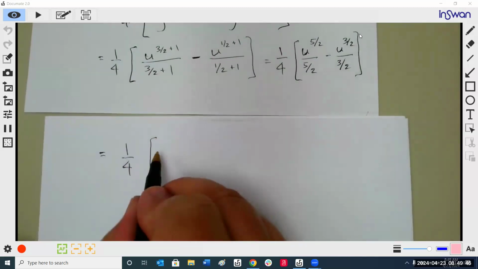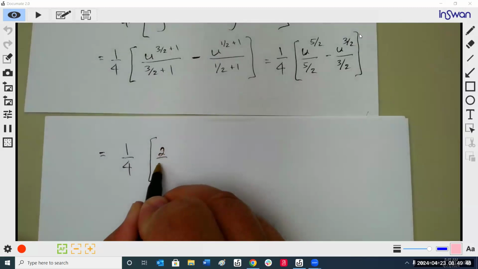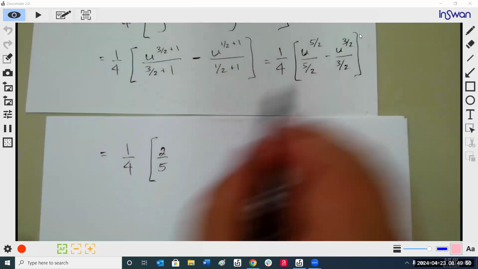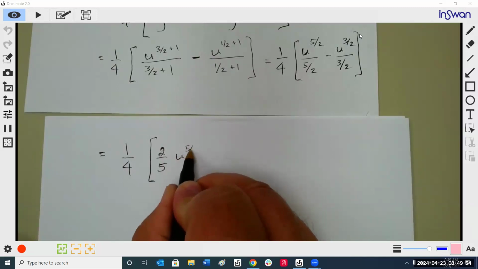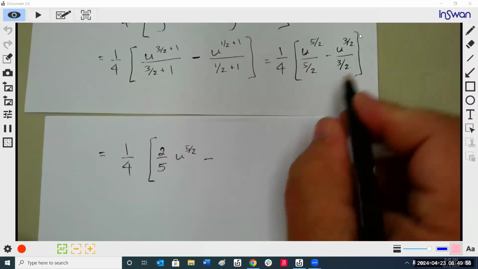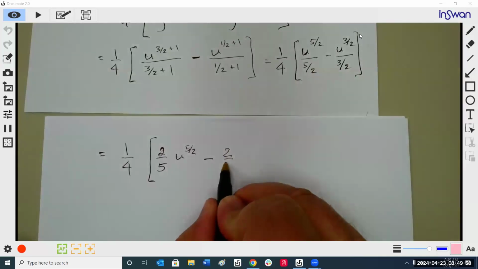Take the denominators and reciprocate them. So that 5/2 becomes 2/5, and 3/2 becomes 2/3.